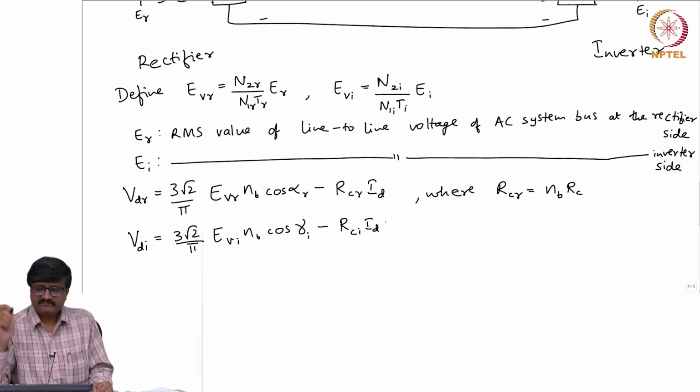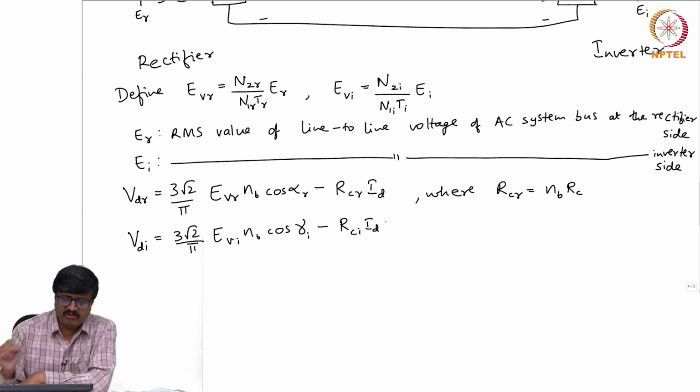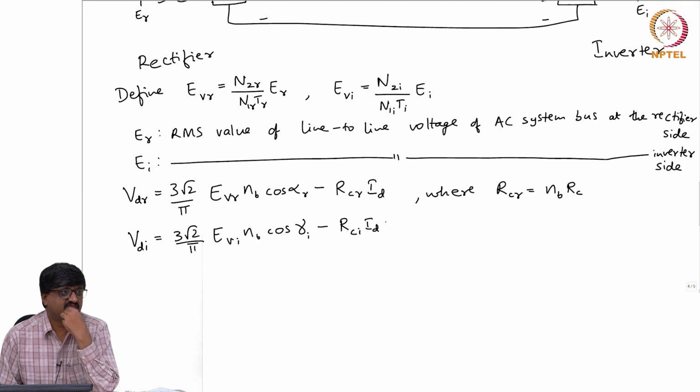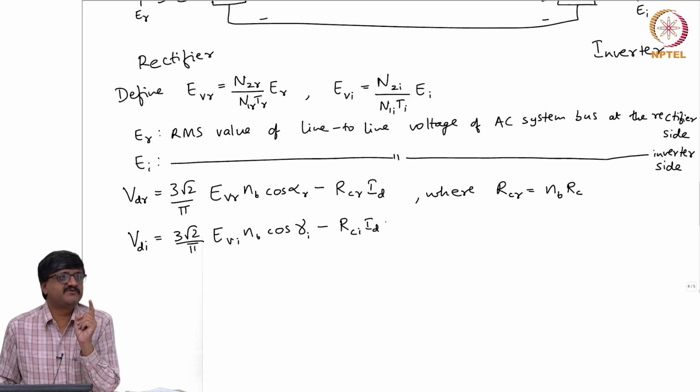So here I have written it in terms of gamma. Why? What is the significance of gamma for the inverter? Commutation margin angle. Yes, the commutation margin angle is a very important thing when it comes to the inverter.